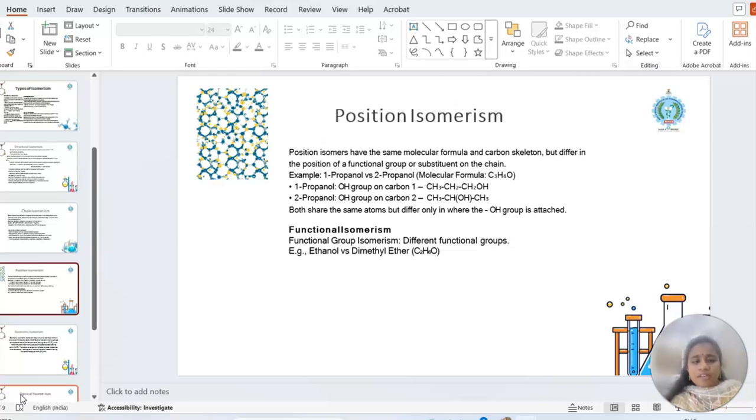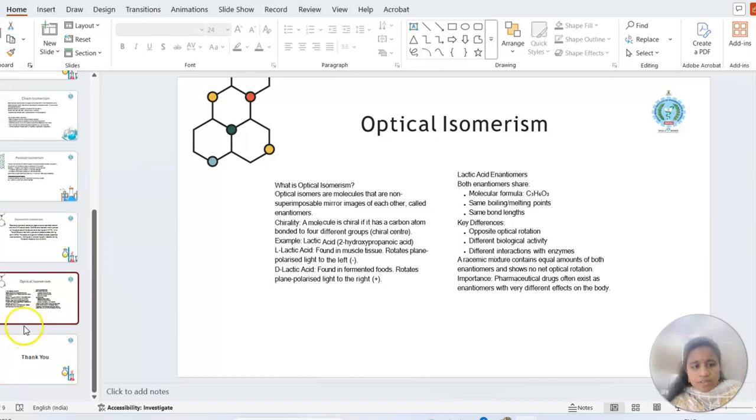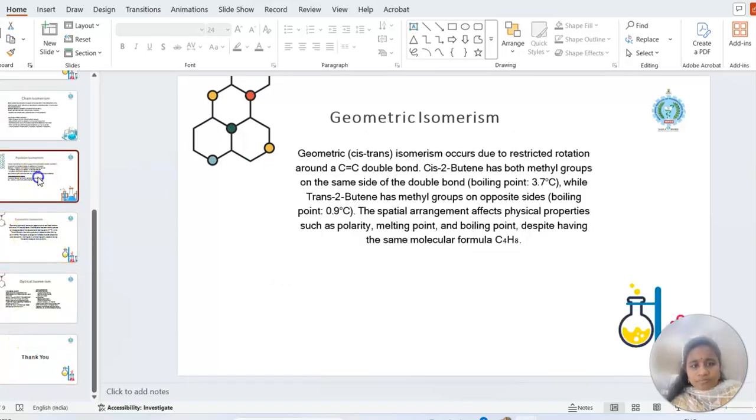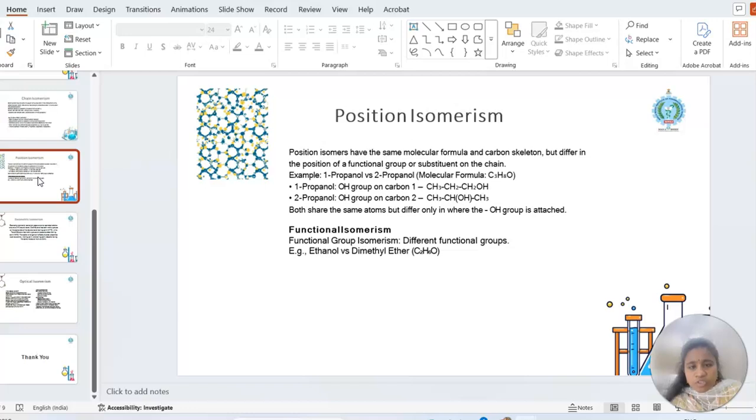For example, in 1-propanol the OH group is at the first position, and in 2-propanol the OH group is at the second position. Both share the same atoms. Next is the functional isomer. Functional isomers have different functional groups, such as ethanol and dimethyl ether.